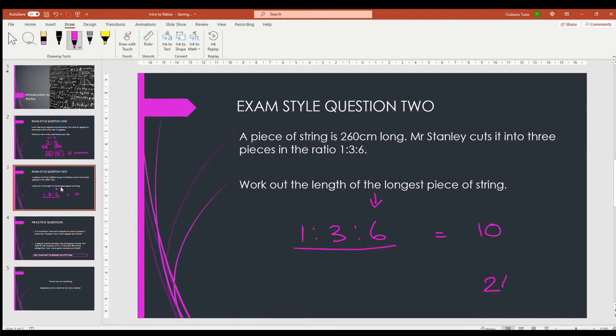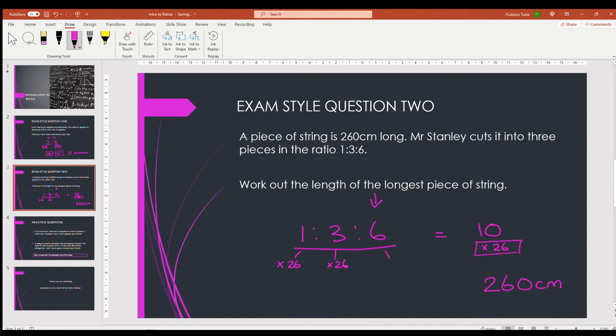cut was 260 centimeters. So again, we need to find the highest common factor, but we have to do it in reverse order. So from 10 to get 260, it's been multiplied by 26. And we need to do the same to each quantity.